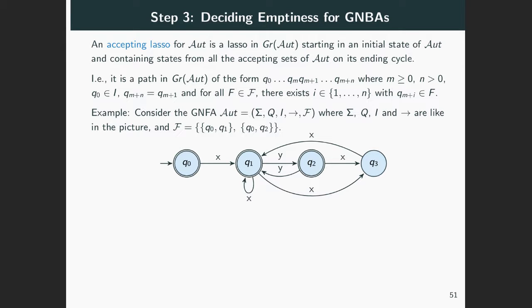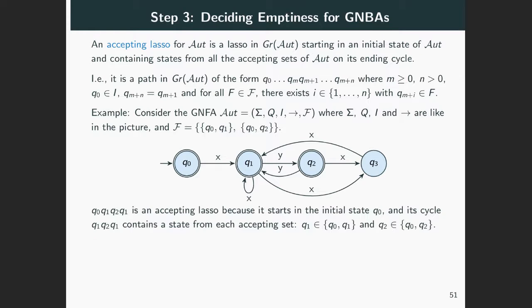For example, let's take the automaton shown in the picture, where Q0 is the only initial state, and there are two accepting sets, Q0, Q1, and Q0, Q2. Then Q0, Q1, Q2, Q1 is an accepting lasso. So it starts here, and it then goes to Q1, starts the cycle here in Q1, Q2, Q1.